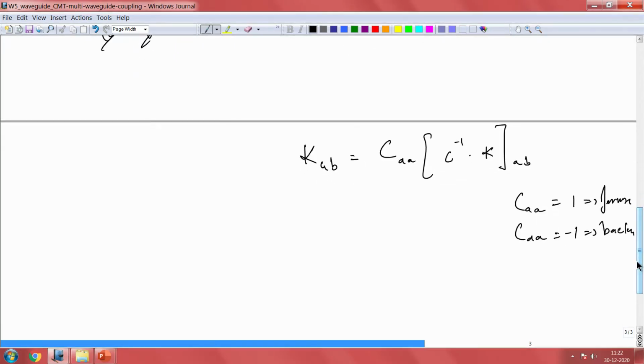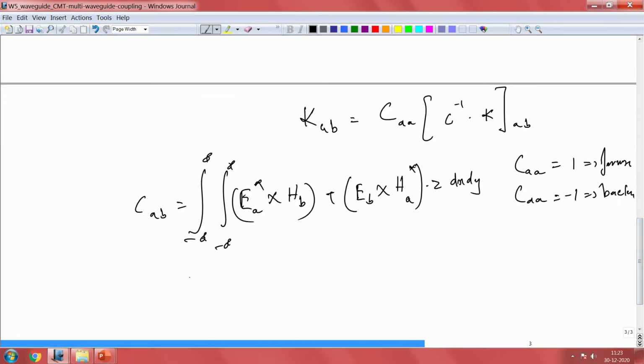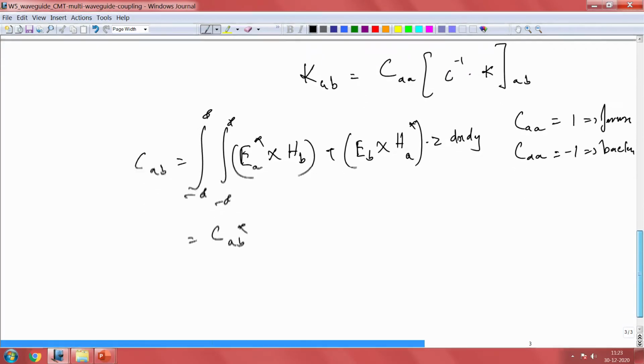And let us see what this matrix is all about. The C_AB matrix is going to look like an overlap integral that we saw earlier: E_A star cross H_B plus E_B times H_A star, dot z, dx dy, where z is the unit vector, which is also equal to C_BA star.